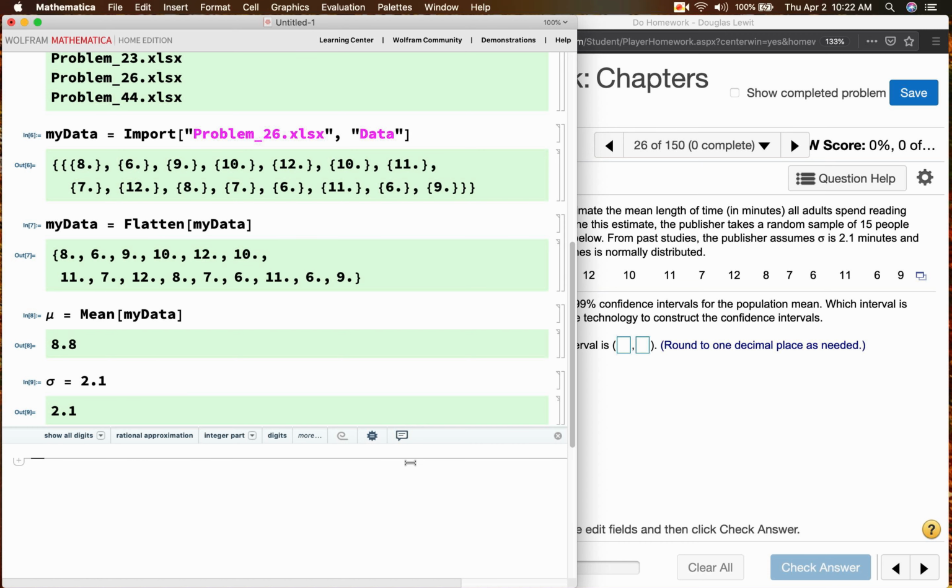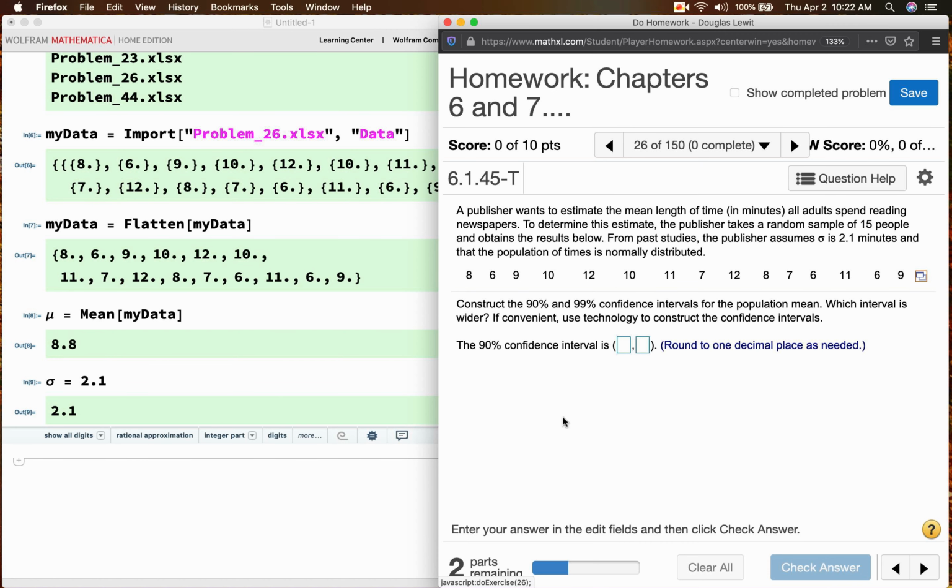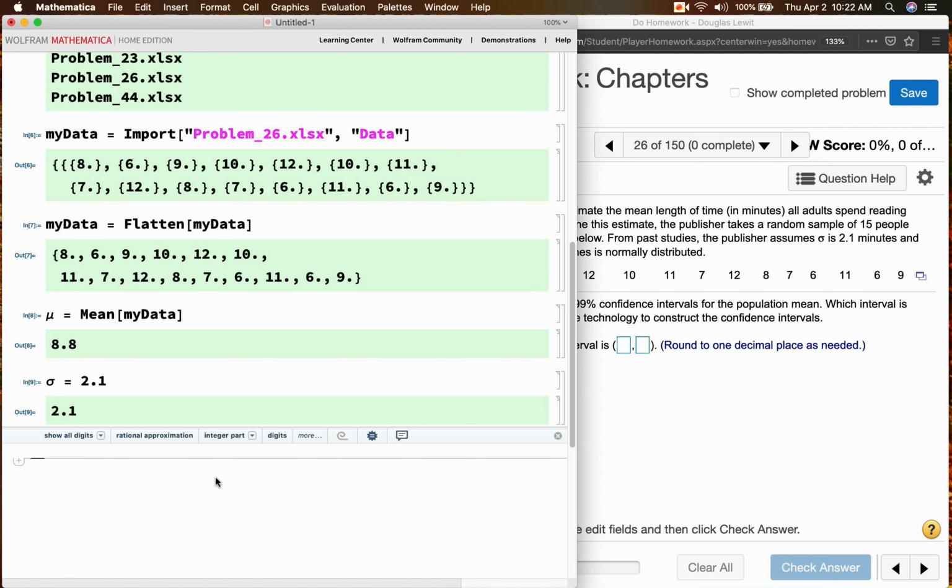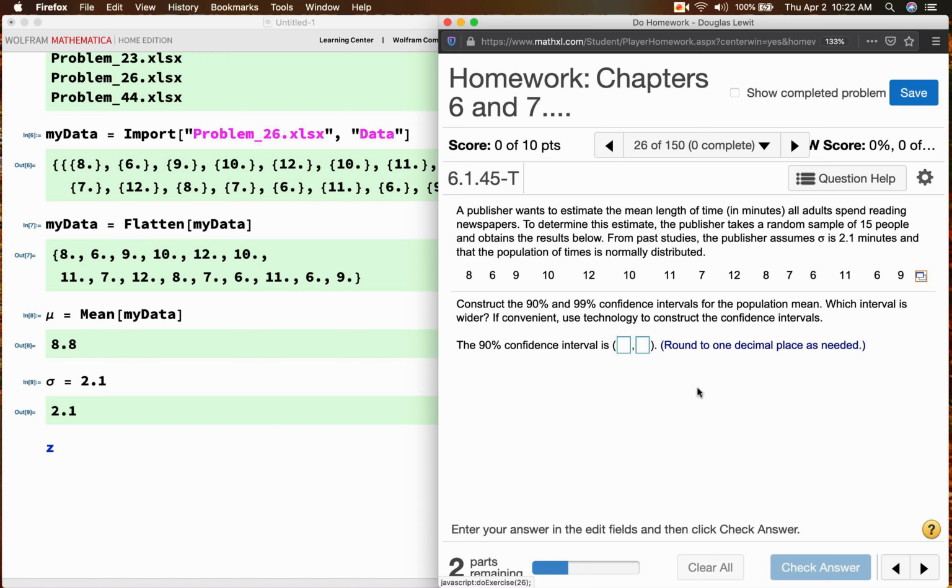Actually, there's one more step before we follow the formula. I need the z-scores. We actually need two sets of z-scores, one for the 90% confidence interval and one for the 99% confidence interval. For the 90% confidence interval, I need the two z-scores between which there's 90% of the area under the curve.